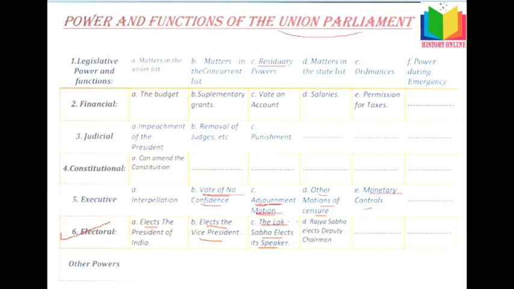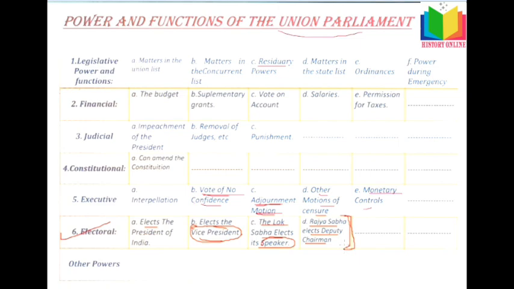Lok Sabha, the lower house, the members of Lok Sabha elect their own speaker, and the speaker is elected by the members of Lok Sabha only. And the last one is Rajya Sabha elects the deputy chairman from the members of Rajya Sabha. So the chairman is the vice president and the deputy chairman is elected by the members of Rajya Sabha.